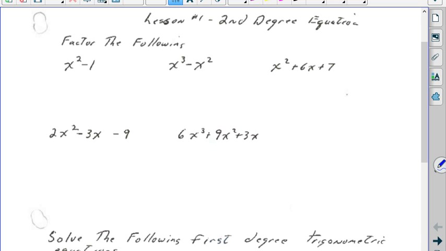The first skill that we're going to talk about is factoring. We should have the ability to factor all of these expressions. The type of factoring is this one, x squared minus 1. Alexis? Difference of squares.